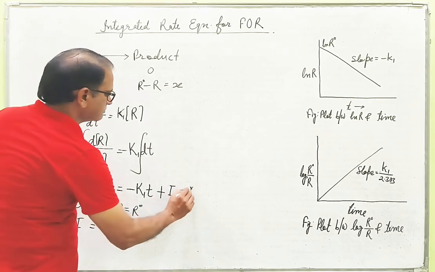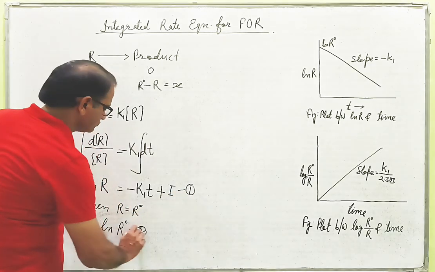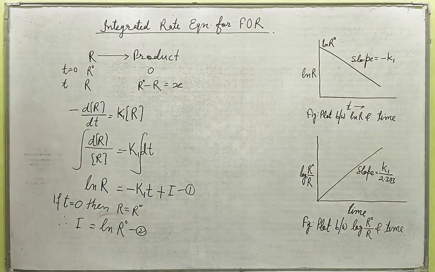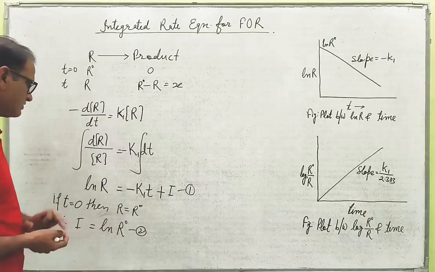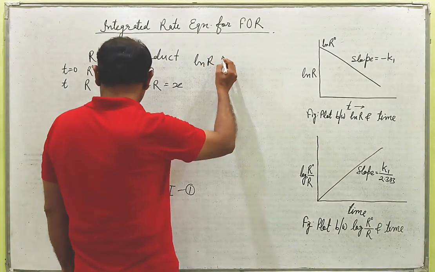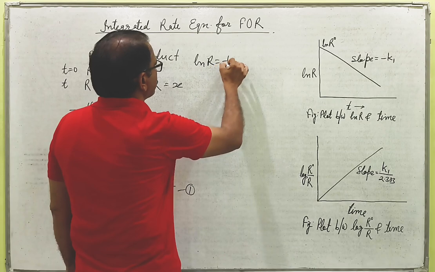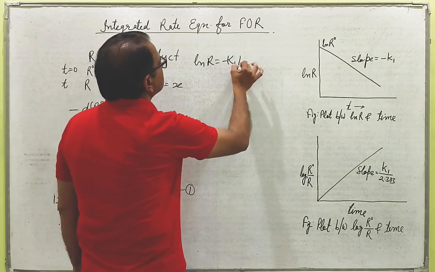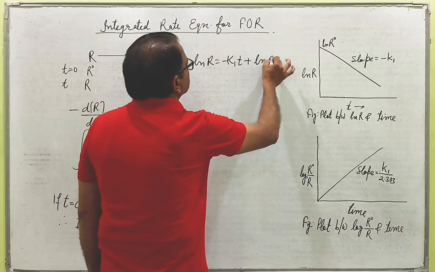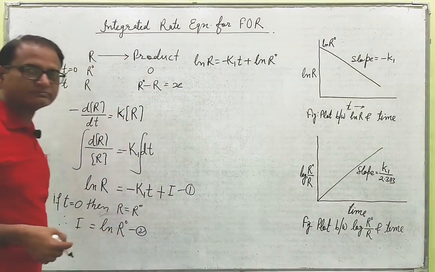Suppose this is equation number 1 and this is equation number 2. So putting the value of I from equation 2 into equation 1, we get ln R is equal to minus k1 t plus ln R naught.